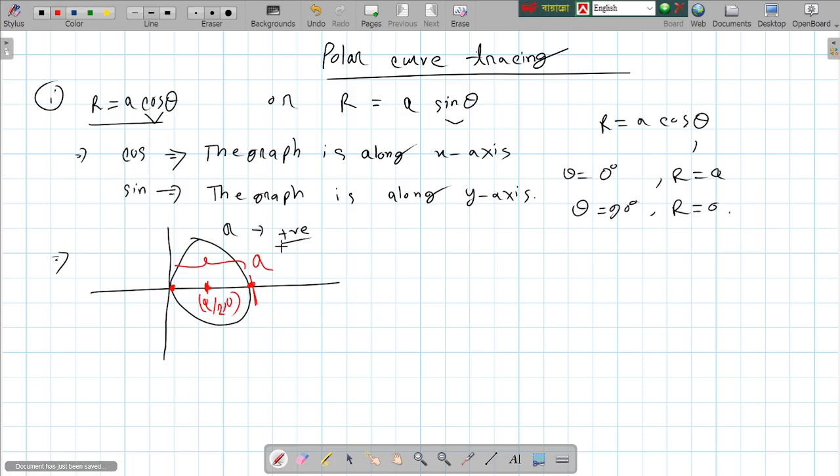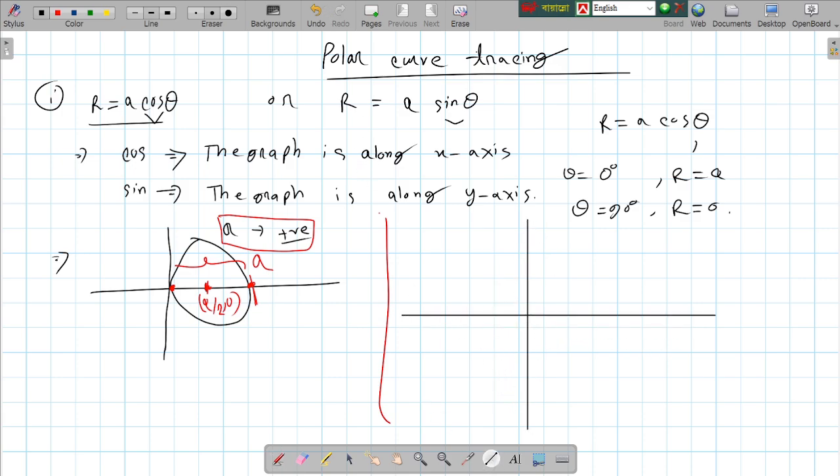That is the case a positive, and if a is negative, the circle is totally shifted to the left side of the y-axis.